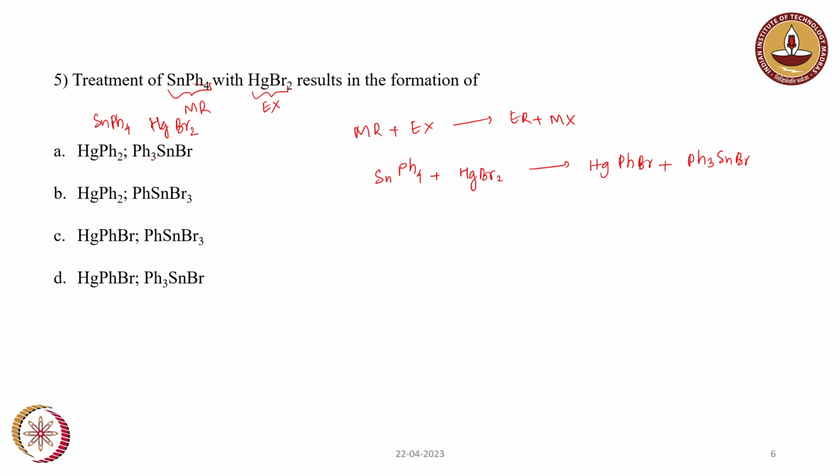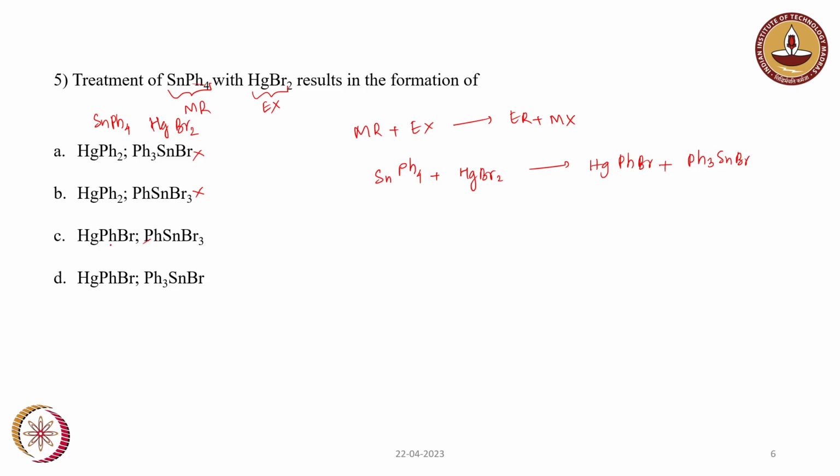But in the option there is 3. So this is not possible. And in the second one, again 2 Ph, then 2 Ph should be remaining on tin. So it's again only one is given in the option. So this is also not the answer.